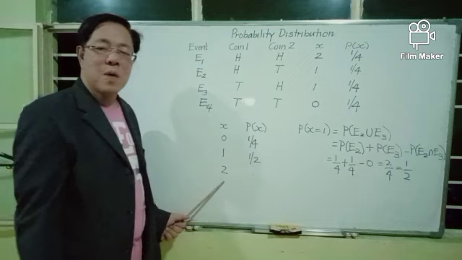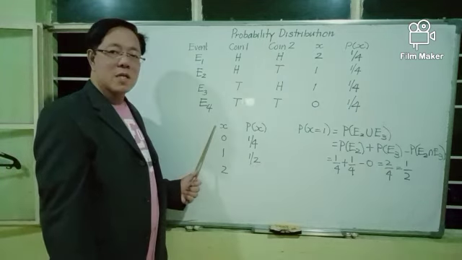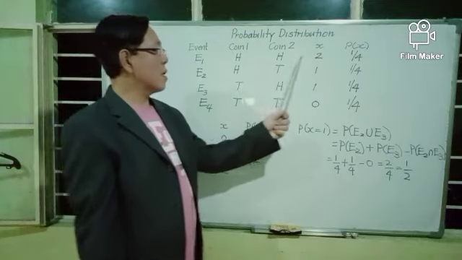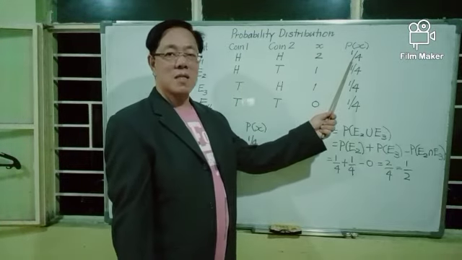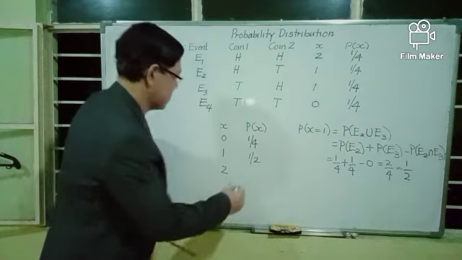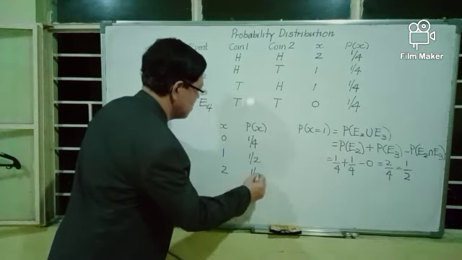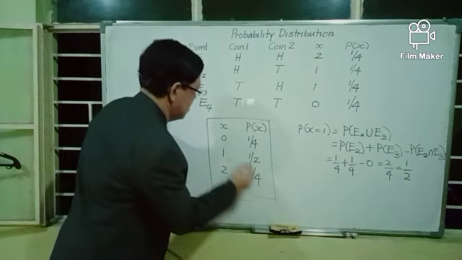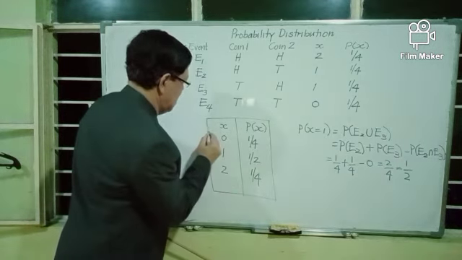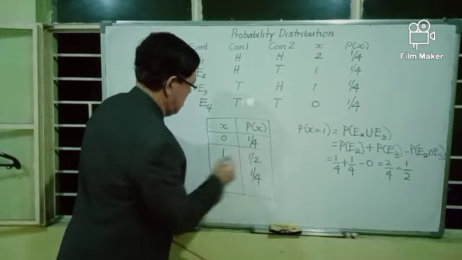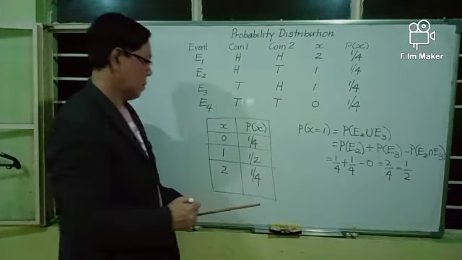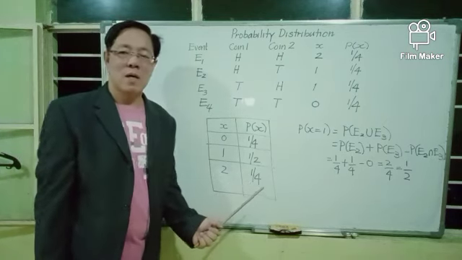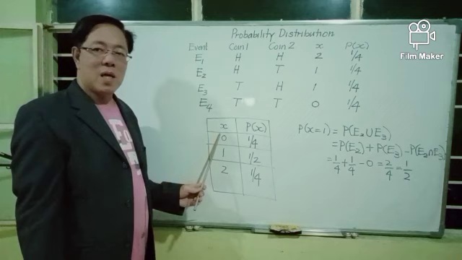And the last possible value of our discrete random variable x is 2 for event E1, and the probability that x is 2 is 1/4. Now this is the probability distribution for the discrete random variable x.